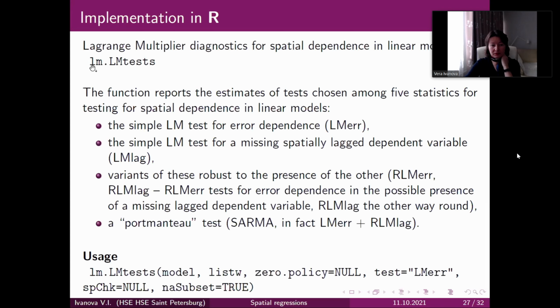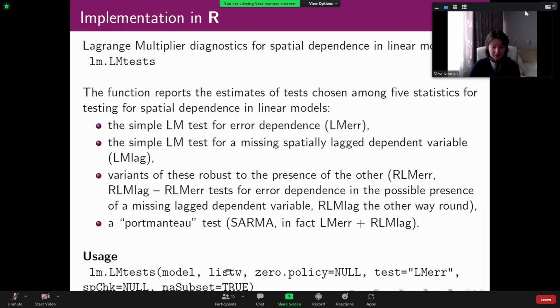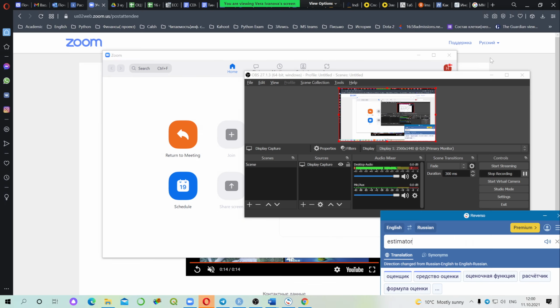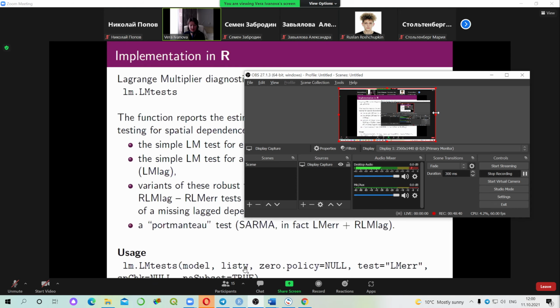We need to use the function lm.LMtests, Lagrange multiplier tests, and there are parameters of this function. We need to indicate the model using the equation for this. Also, we need spatial weights.